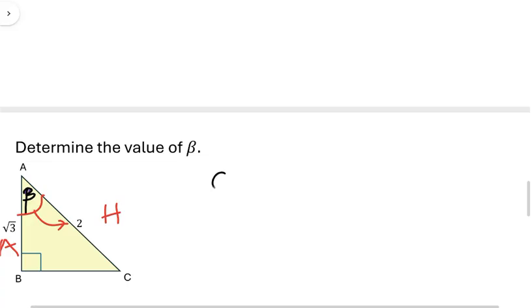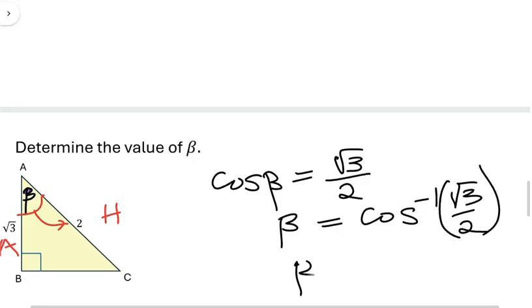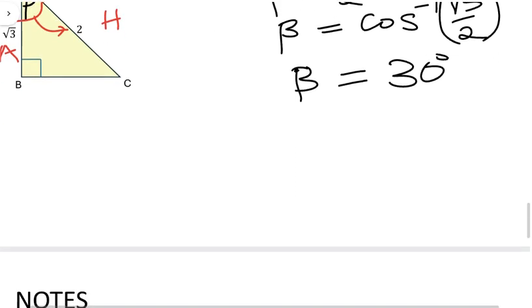Then cos of beta is root 3, the adjacent, over the hypotenuse, which means beta is cos inverse, because I want to substitute the ratio so that I can get the angle. Then I would get that beta is equal to 30 degrees.